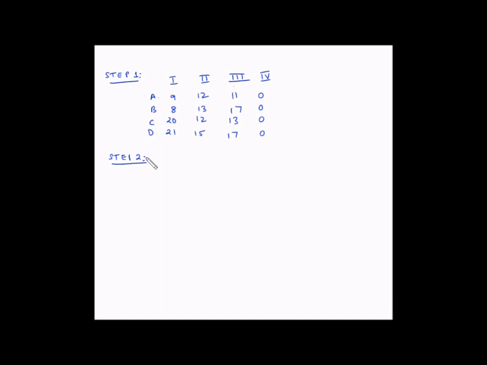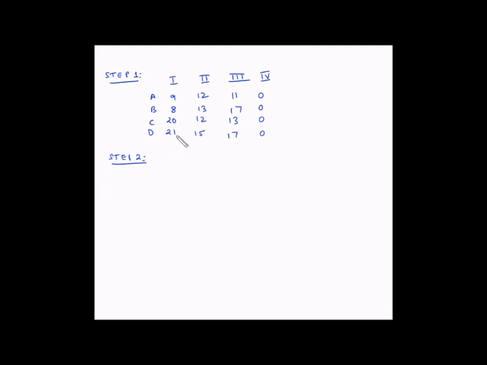Now let's minimize the complexity of the problem by first deducting all numbers in a row by the smallest number in the row. This way we can then target the assignment of zeros for the task to subordinate combination.